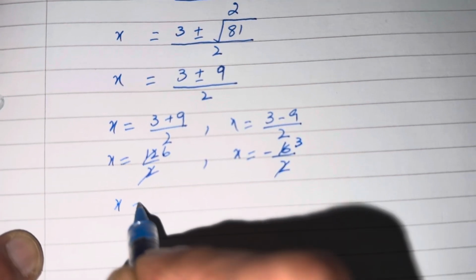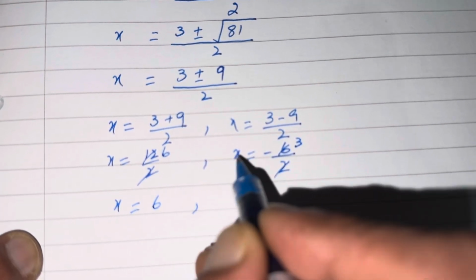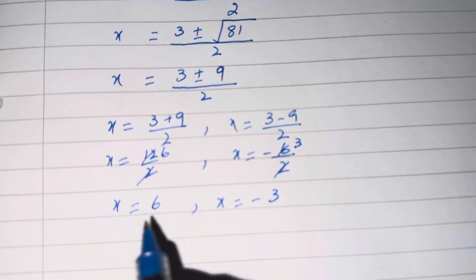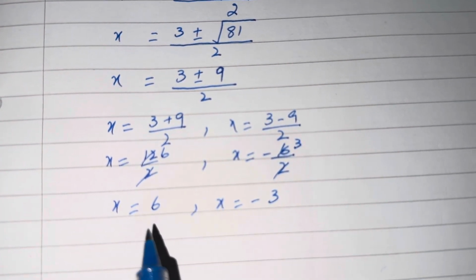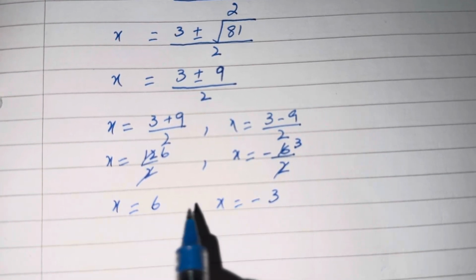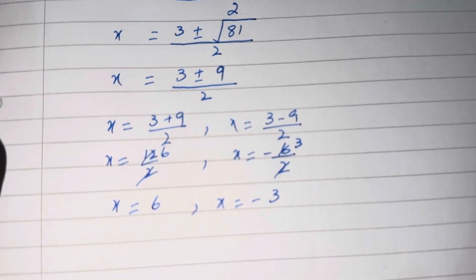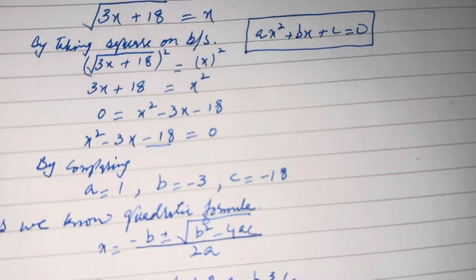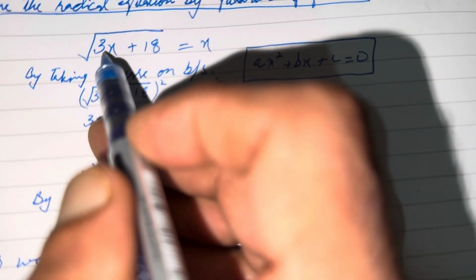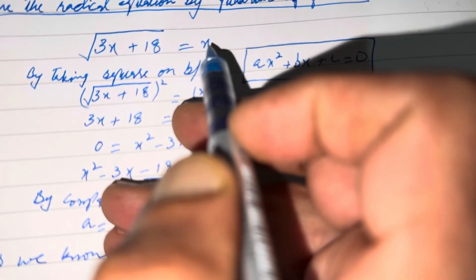So x is equal to 6 and x is equal to minus 3. So these are the two conditions. These are the two solution sets of that radical equation which was given on the top where we started our question, so 3x plus 18 is equal to x.